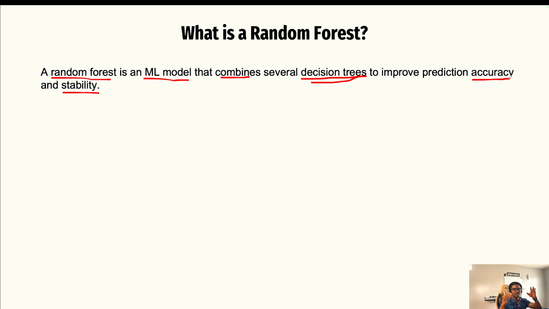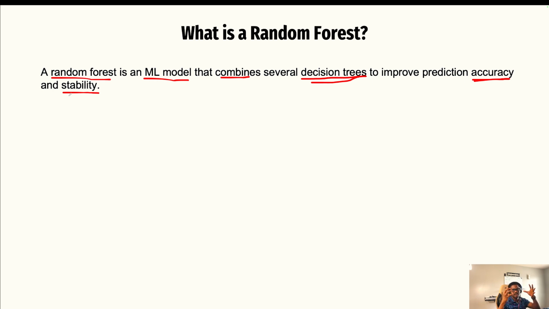Random forest is a combination of decision trees. And why do we need a combination of decision trees? It's because when we have more than one decision tree, it helps us to improve our accuracy, number one, and also helps us to improve our stability.